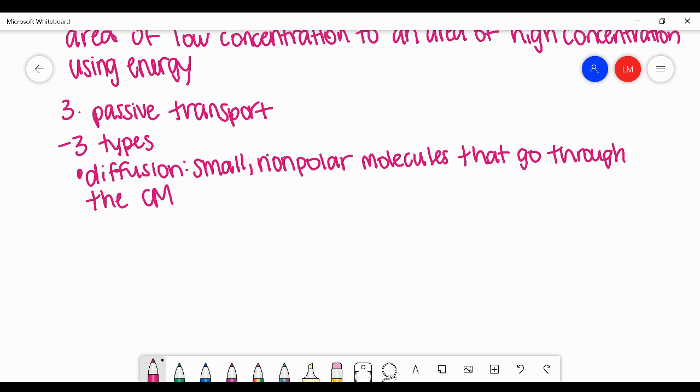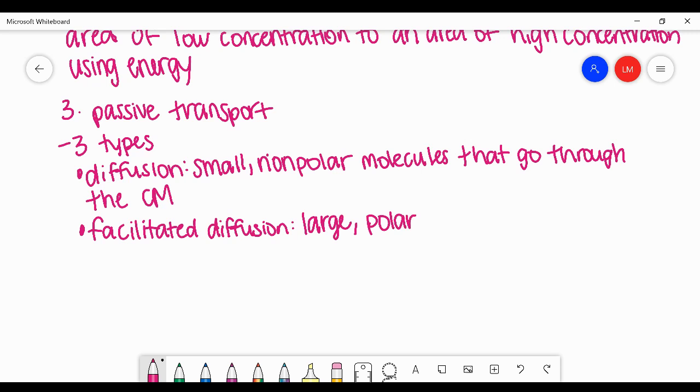We will diagram each of these in class. The second type is called facilitated diffusion. Facilitated diffusion is still movement of materials from high concentration to low concentration, but these are for large and or polar molecules that go through a protein channel.